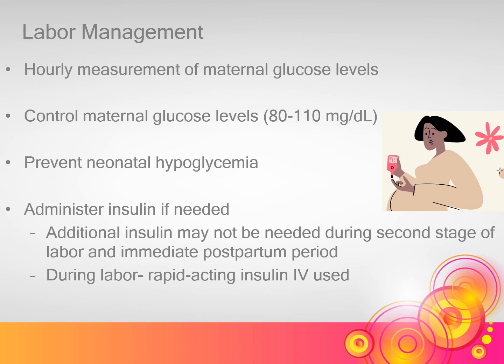This will help us prevent neonatal hypoglycemia, and we can administer insulin if needed. Okay. If it's needed during labor, we tend to use a rapid-acting insulin via IV, but additional insulin may not be needed during the second stage of labor or immediate postpartum.